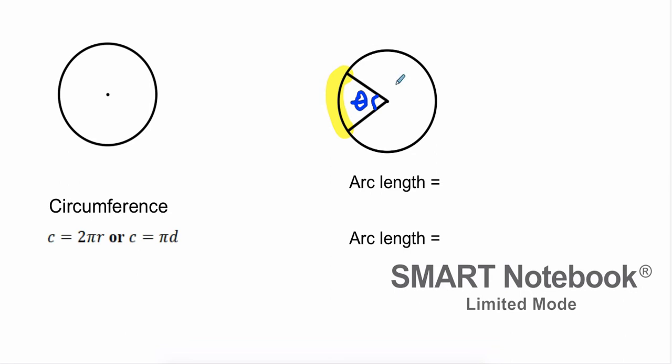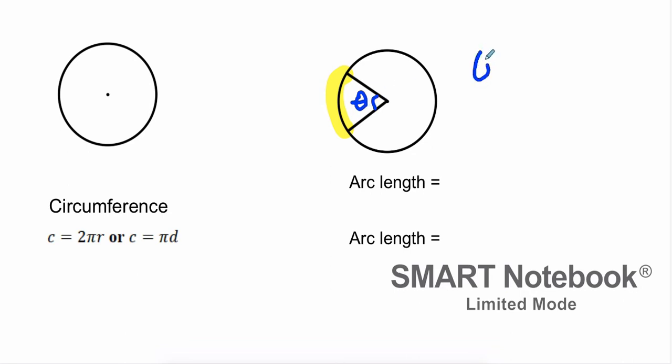And of course we know one round in the circle, the angle is 360 degrees. So we know that the length of this arc is only a fraction of the circumference of the whole circle, right? And how big a fraction depends on, or is proportional to, the size of this internal angle.